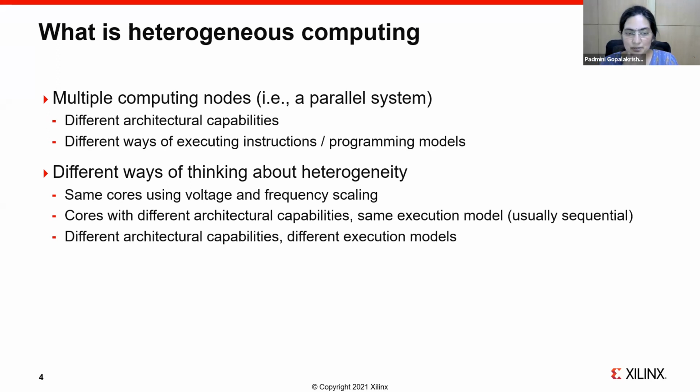And this is what you see when you have a CPU or even a GPU working with an FPGA. So an FPGA is, the way you think about execution there is more hardware centric. It's not essentially sequential in nature.